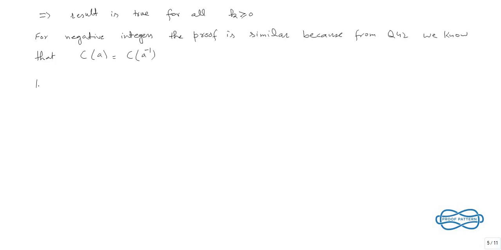Hence C(a) is a subset of C(a to the power k) for all integers, that is, for all k.